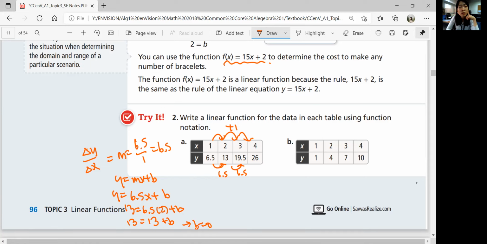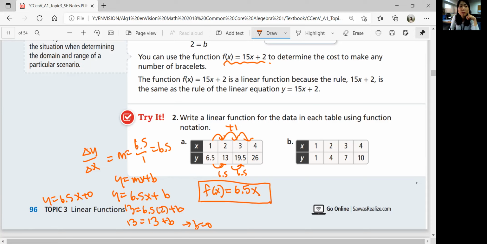So your equation is y equals 6.5x plus 0, which is just 6.5x. So your f of x is 6.5x, and that is your final answer for part A.